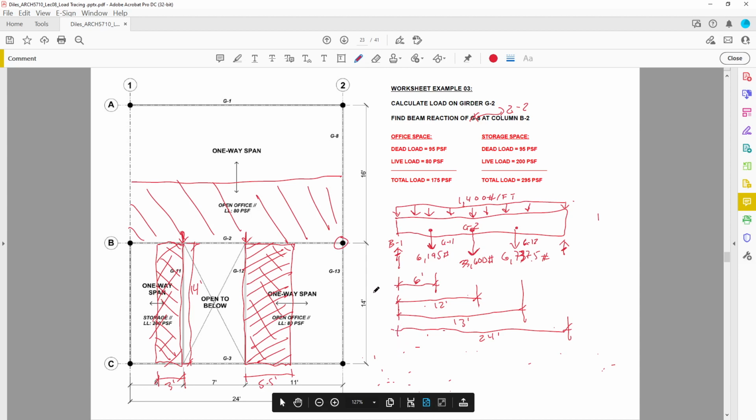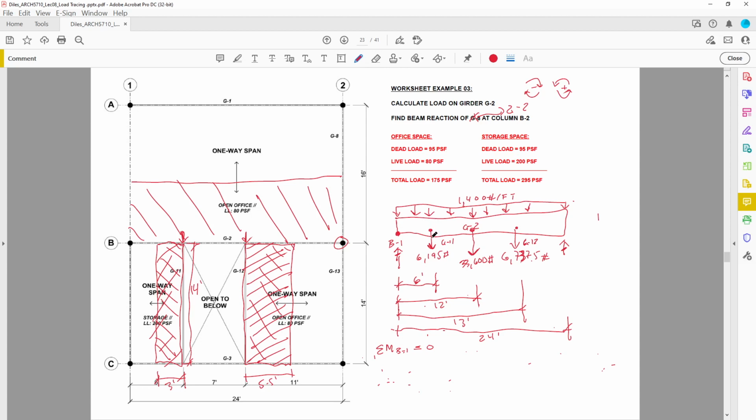And let's do our moment about this point on this side, which is B1. So we're going to say the sum of the moments about B1 equal 0. And we start reading this like a book from left to right. Now remember, our moment conventions are, if we're going clockwise, we call that negative.